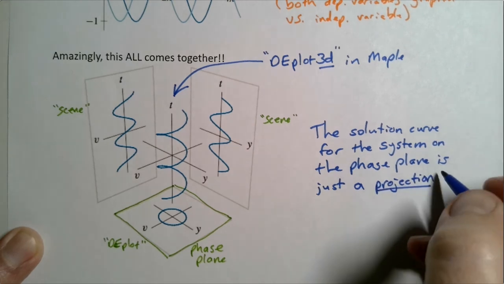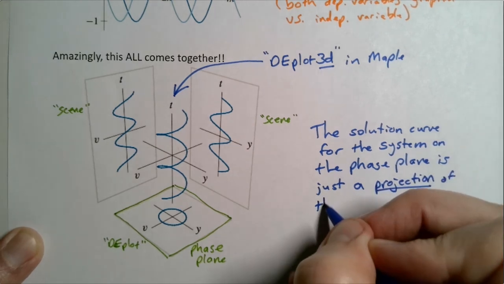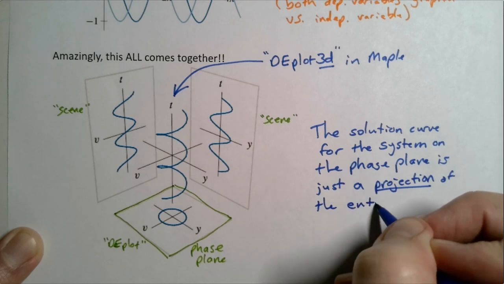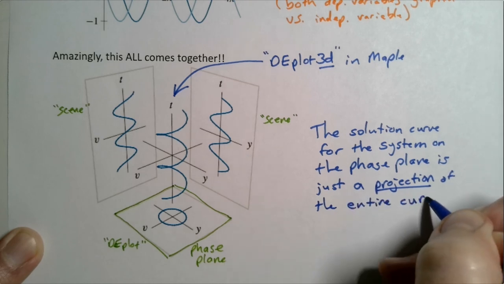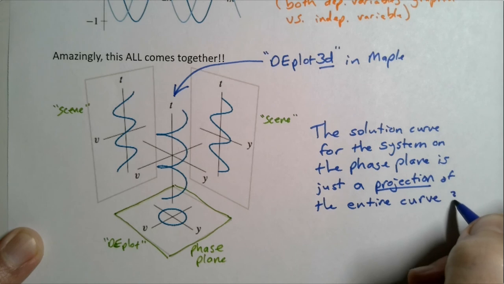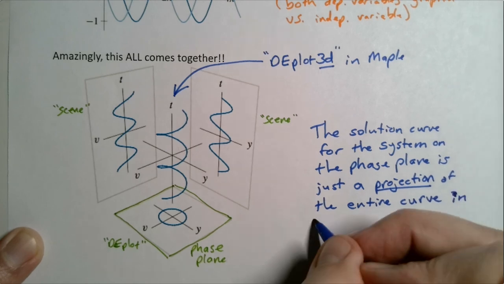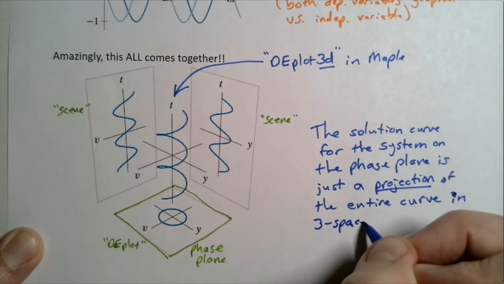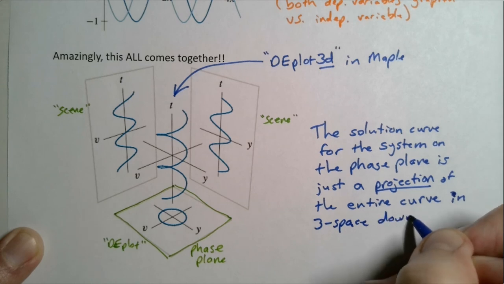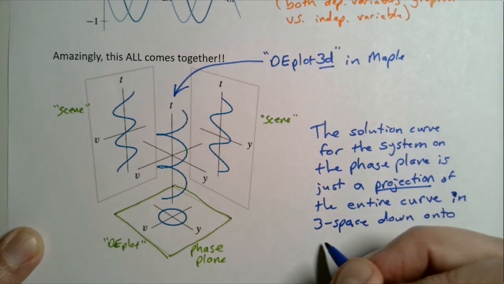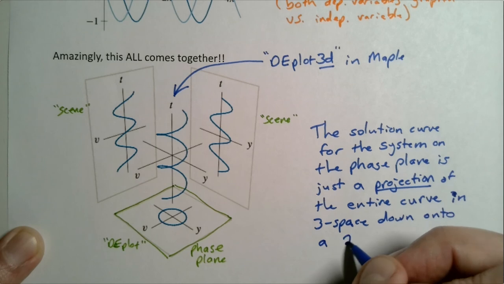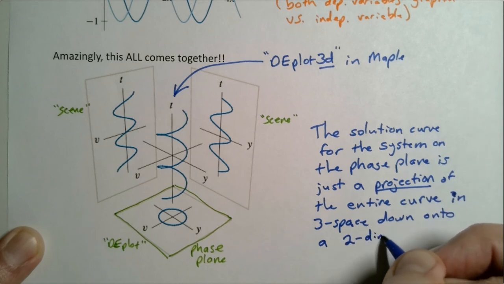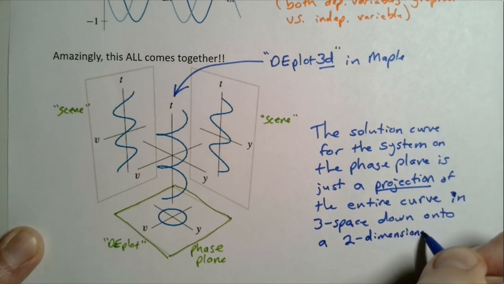A projection of the entire curve, oops, I want to say in 3-space, down onto a 2-dimensional plane.